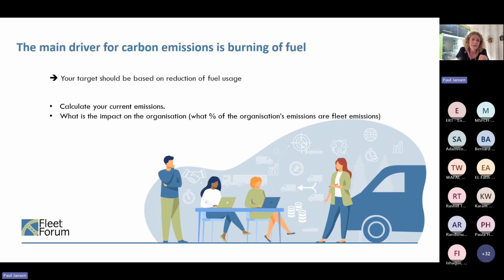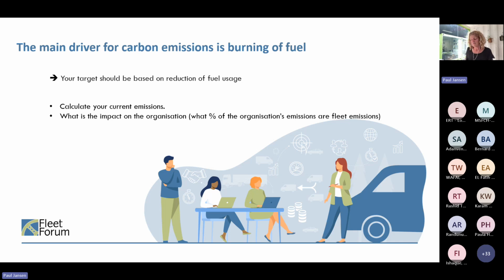You can calculate your current emissions using the kilometers driven and the fuel used, and then looking at that part of the emissions: what is the percentage of that, looking at the overall emissions of the organization?